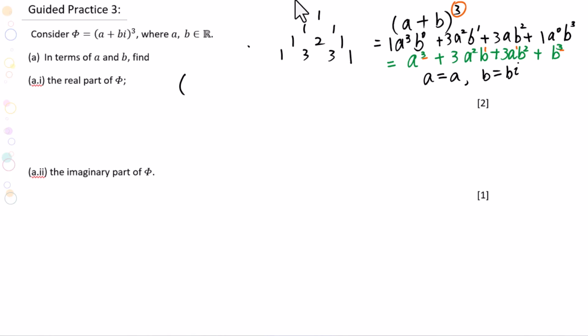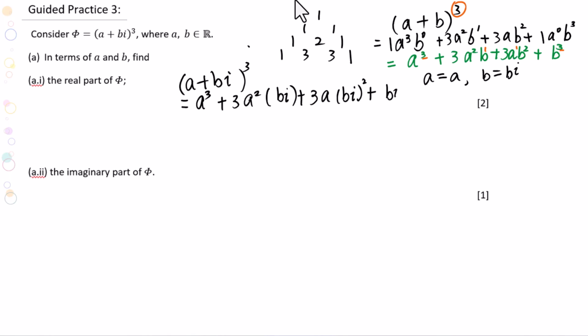We will get (a plus bi) to the third power equals a to the third power plus 3a squared times bi plus 3a times (bi) squared plus (bi) to the third power.